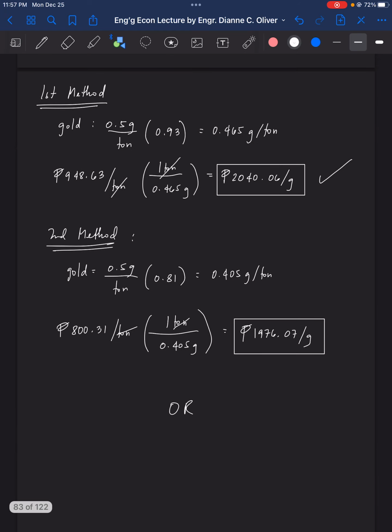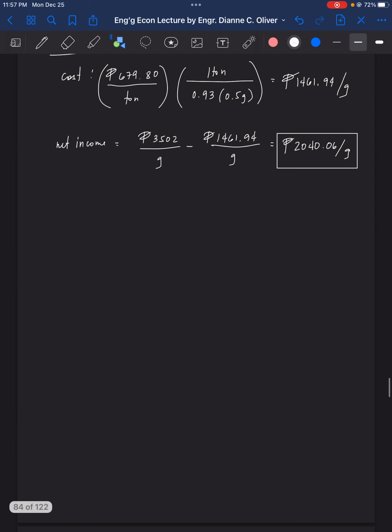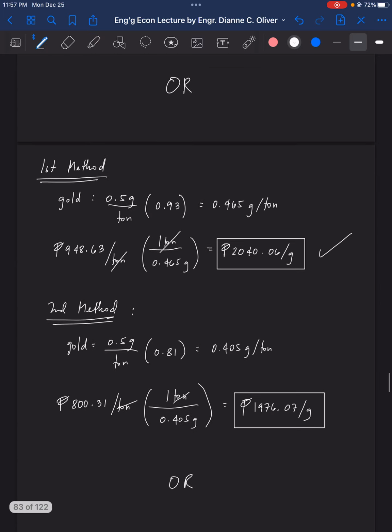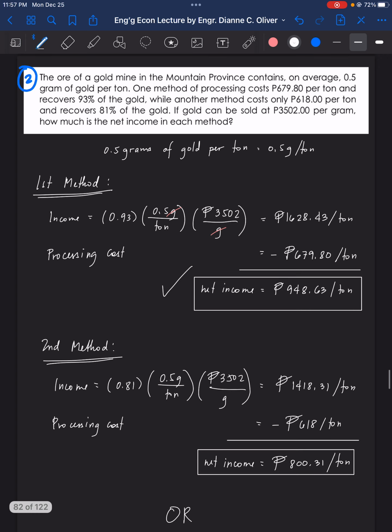Same with the answer here. Now how about for the second method? The second method. So the cost for the second method here is how much? 618.